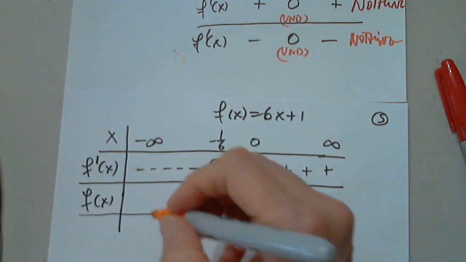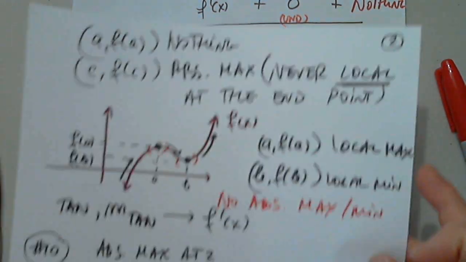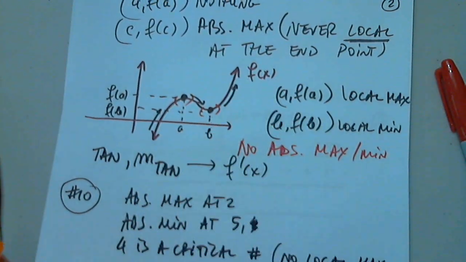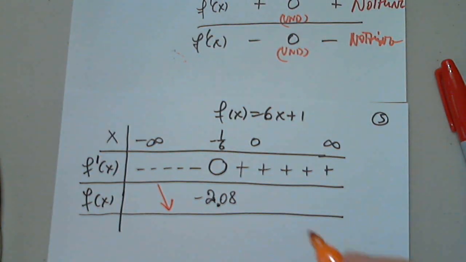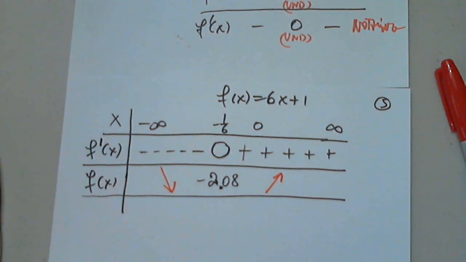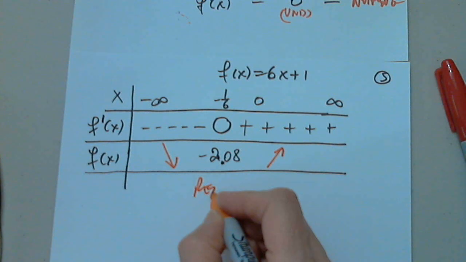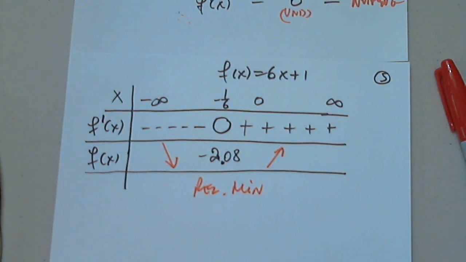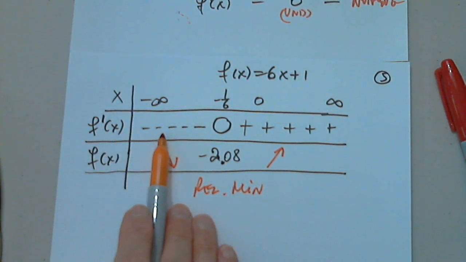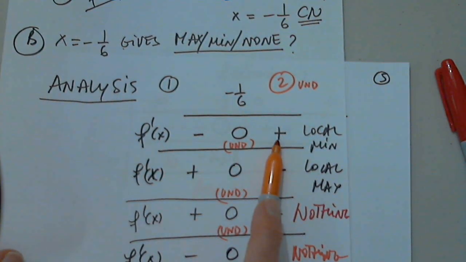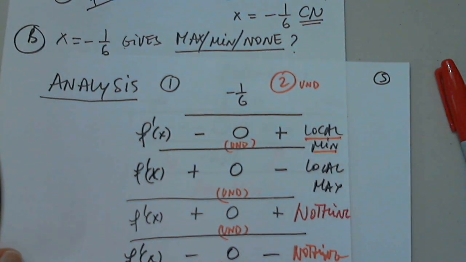Excellent. When the first derivative is positive, what does the function do? Increases. So this is it. This is a relative minimum. Why? Because the derivative changed sign: negative, 0, positive. So this must be a local minimum.